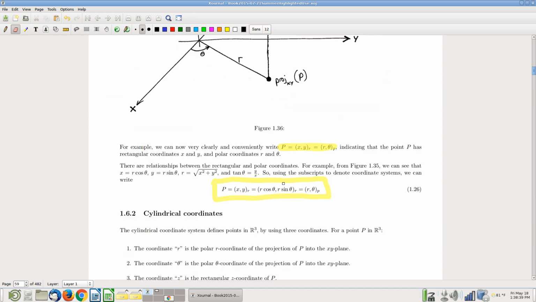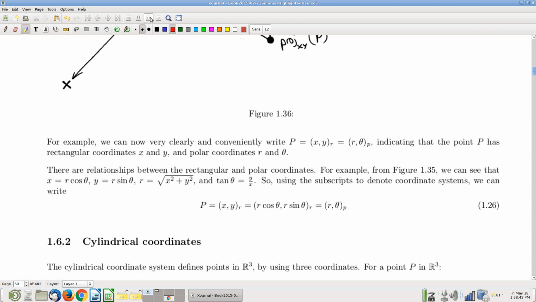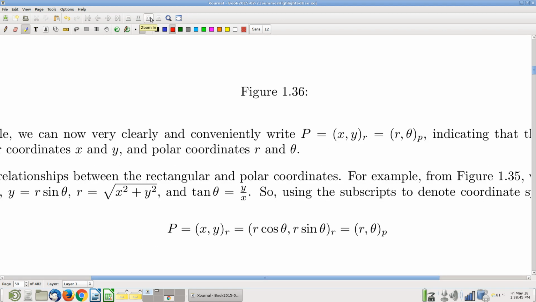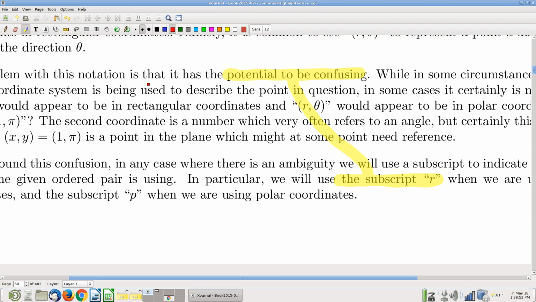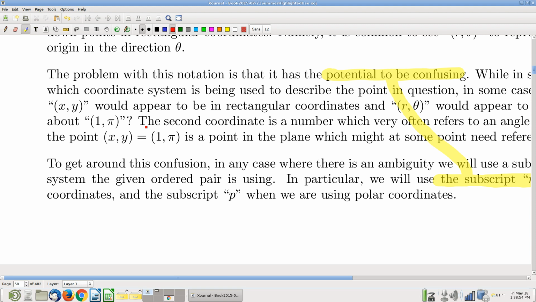Here's a little notational thing that I kind of made up. You're probably not going to see this anywhere else, but I think this is a handy notation to have. Sometimes it's hard to interpret what you mean when you write down, for example, if you were to see someone write down 1 comma pi. What is 1 comma pi? Well, maybe you're saying that x and y are 1 and pi, respectively.